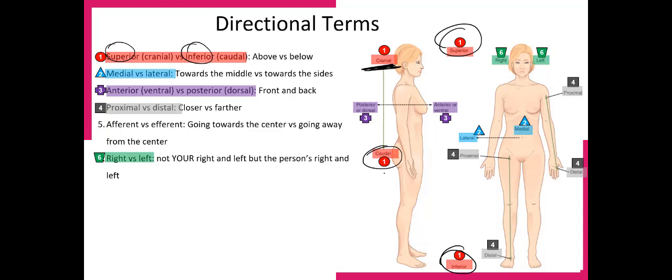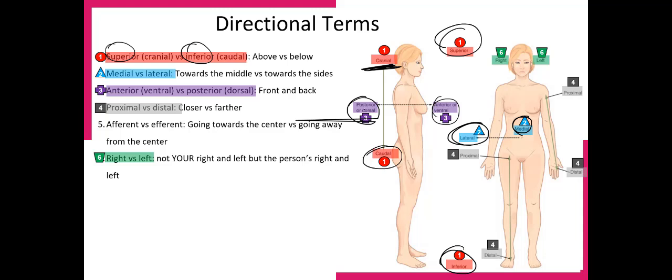So cauda is the tail, so caudal is towards the tail. Next one is medial versus lateral. Lateral is side, medial, think about middle, right? Medial is in the middle, right? Anterior is used interchangeably with ventral. So anterior or ventral means the front. Posterior is used interchangeably with dorsal, and it means the back, right?